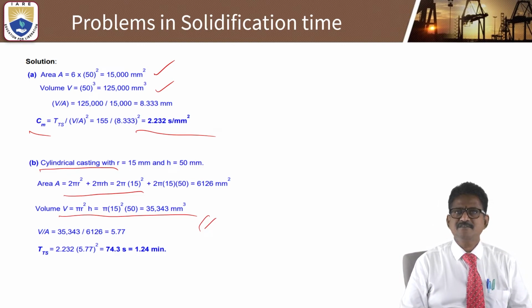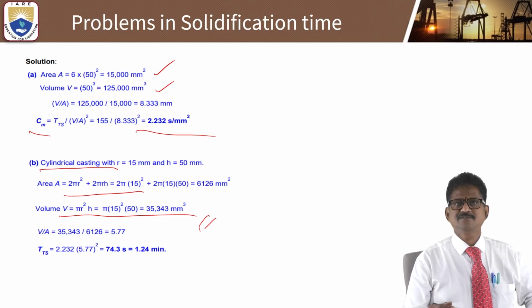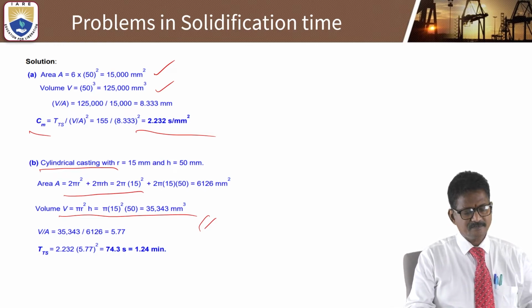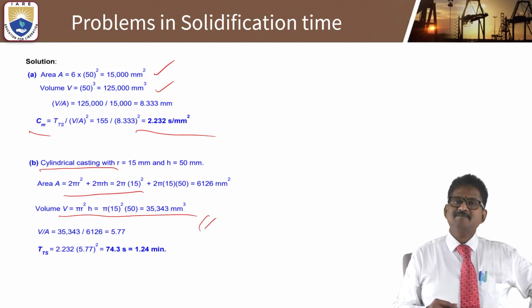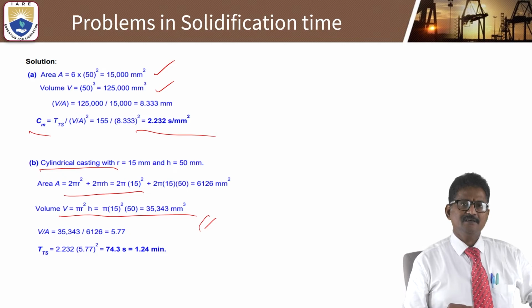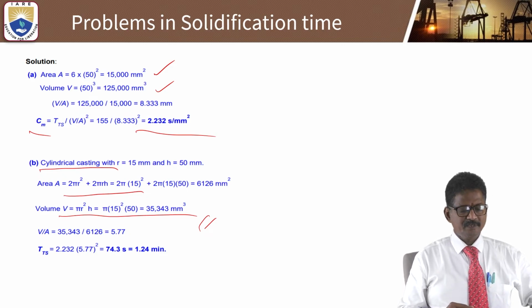So you need to understand clearly about this volume, and V by A is nothing but 5.77. V by A, that is volume by area, is related to the solidification time.